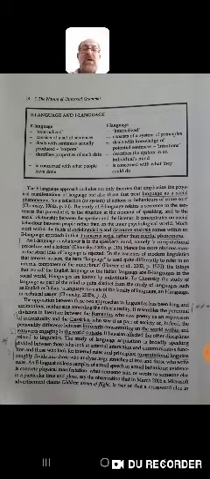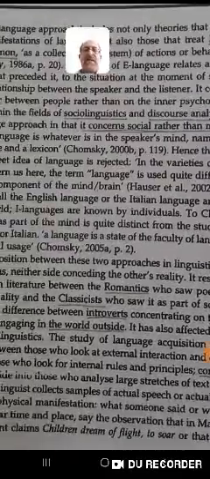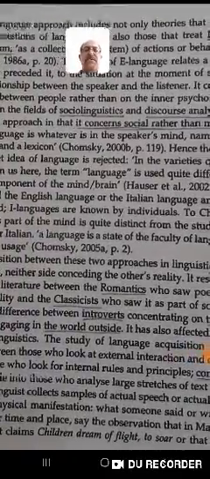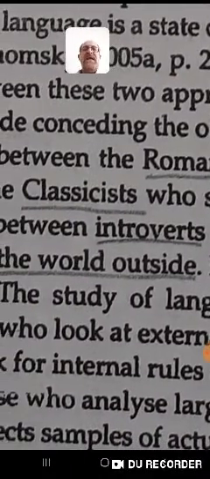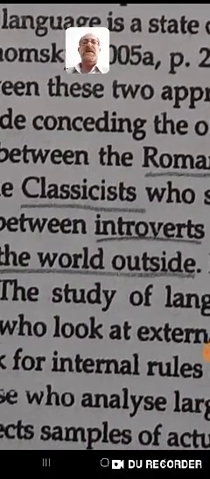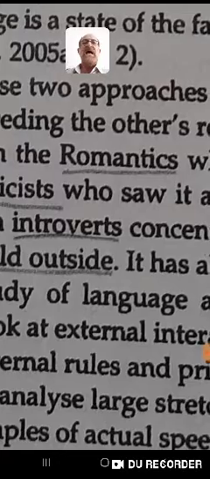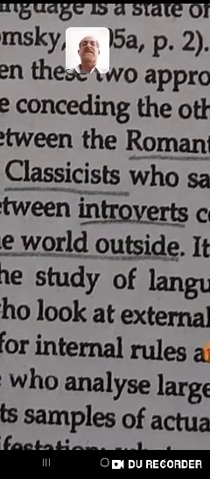Well, if you go to the last paragraph on page 14 and continue, we see that we have the same types of approaches in other fields of study. For example, in literature, line 3, we have the difference between romanticists and classicists.